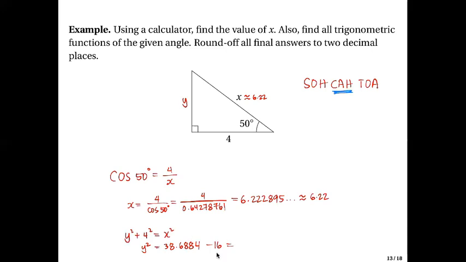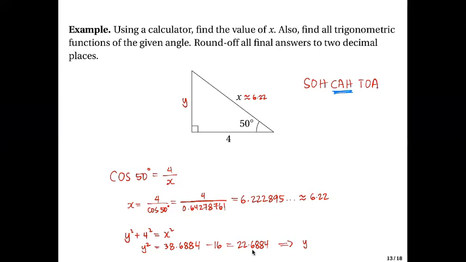So this guy minus 16 will get 22.6884, which means our y, we take the square root of this, we'll get 4.76.